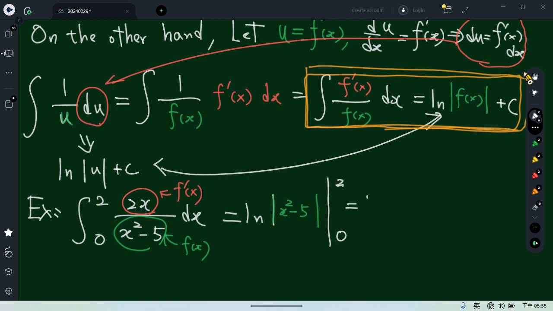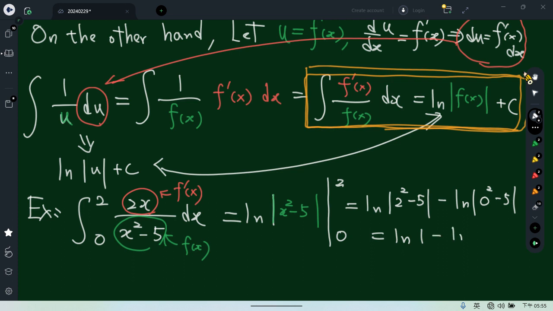So the result will be ln of 2 squared minus 5 minus ln of 0 squared minus 5. So the result will be ln 1, because 4 minus 5 is negative 1, right?